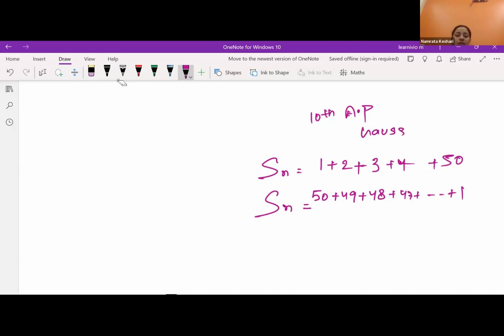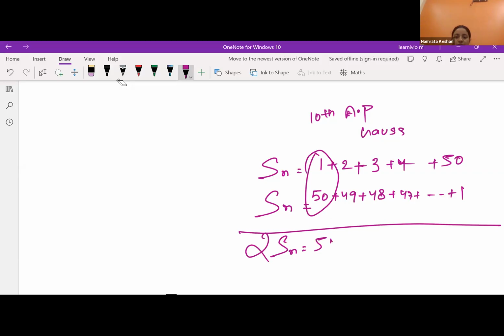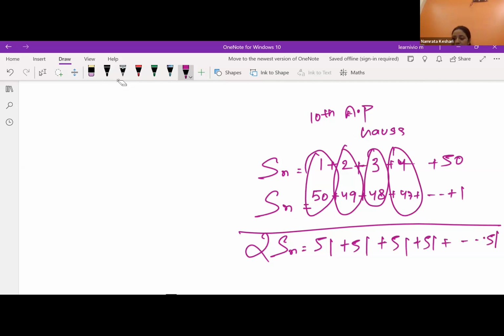Then he added these two, and he said 2 times Sn is equal to 50 plus 1 which is 51, 2 plus 49 which is 51, 3 plus 48 which is 51, 47 plus 4 which is 51, and like that all the pairs will be 51. He just took the pairs and added them like that.